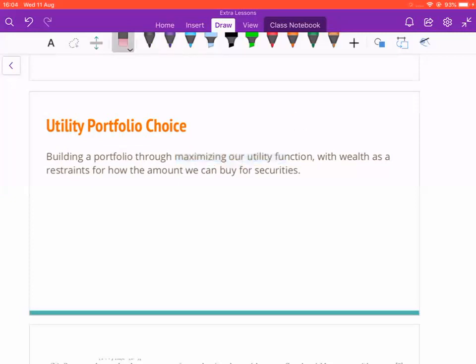Okay, you can see that the color is no longer good. We're trying to make a portfolio through maximizing our utility. So we are maximizing our utility function of X, right?